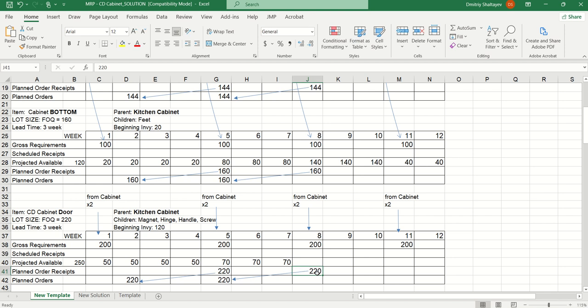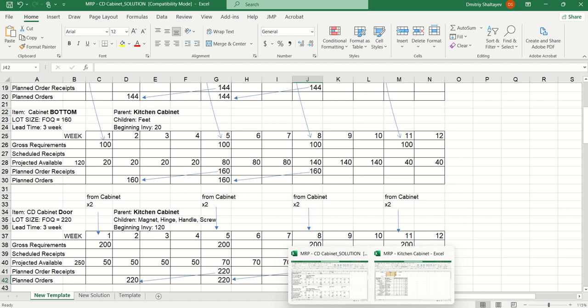So 220 doors coming in week number 8, plus 70 doors that are already there, that's 290, minus 200, that's 90, and I have the same thing in week number 9 and in week number 10. In week number 11, again, I don't have enough, which means planning to receive 220, they have to be started 3 weeks before that.